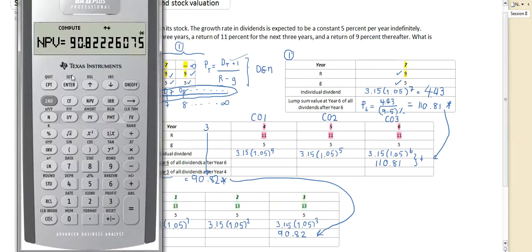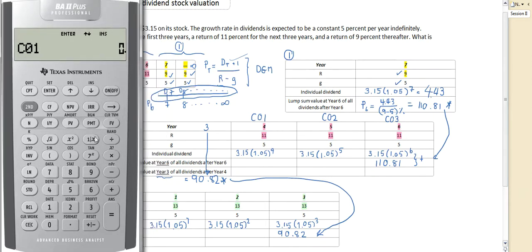Okay, so let's start again. So at the end of year 0, we don't have anything yet. Okay, which is actually that's what we need to compute. So year 1 will be right here. You might not see here. Okay, 3.15 times 1.05.